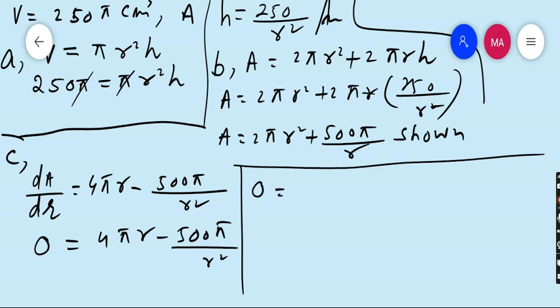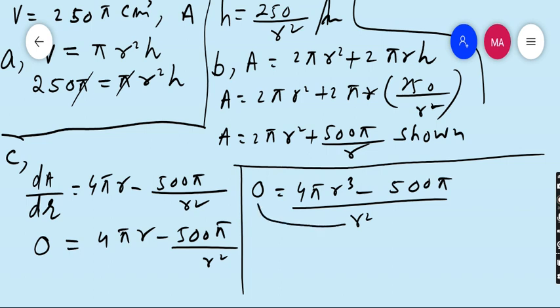0 is equal to, taking the LCM of r square, 4 pi r cube minus 500 pi. So r square must be multiplied by 0, so it is 0.